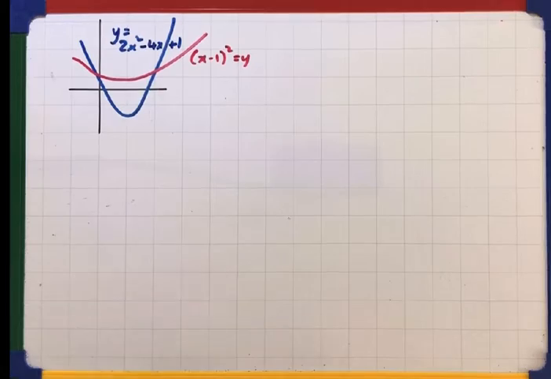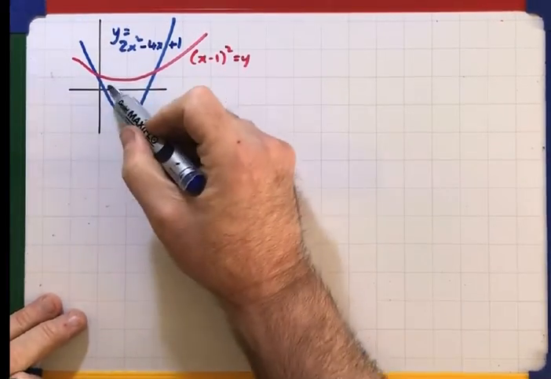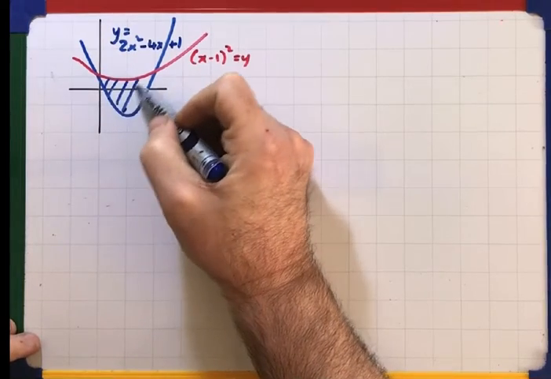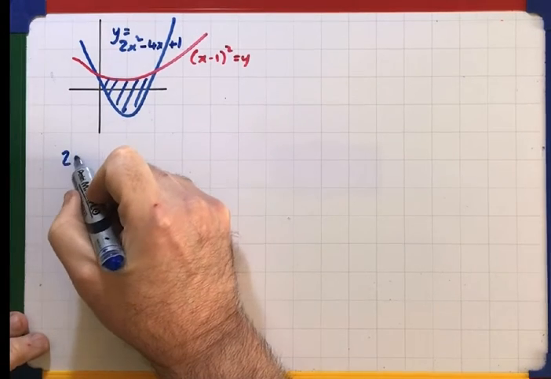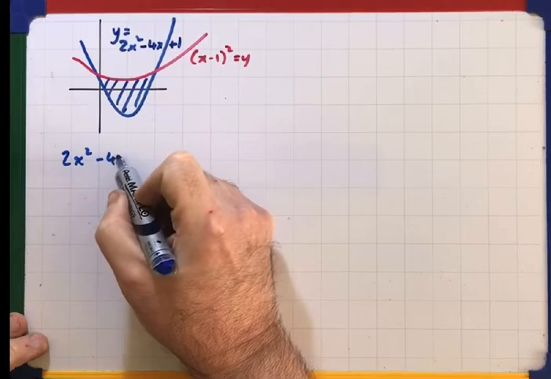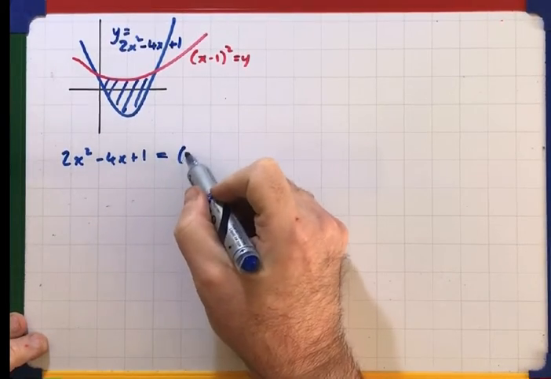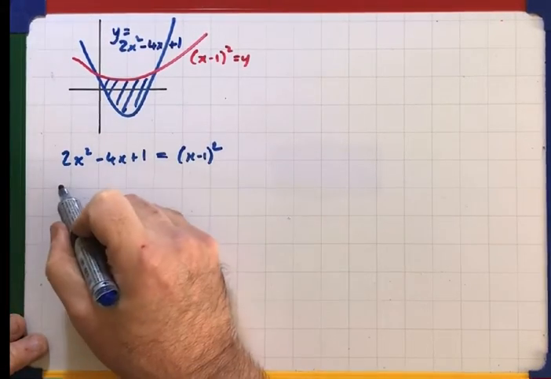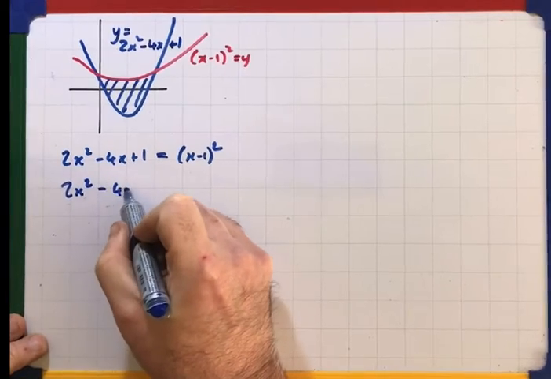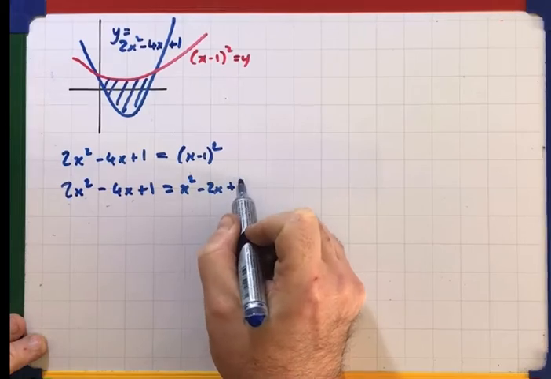Okay, in our fourth one, again, well, we've got two curves intersecting and we wanted the area between them, this area here. So remember, first of all, we need to know where these two cross. So let's put them equal to each other. If you multiply out x minus 1 squared, you get x squared minus 2x plus 1.